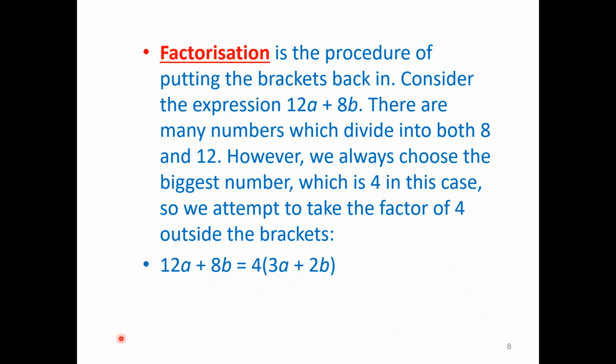So what you need to do is write the first term into its lowest terms, or into its prime numbers, let me say. So 12a, we can write it as 4 multiplied by 3a, because 4 multiplied by 3 is 12.